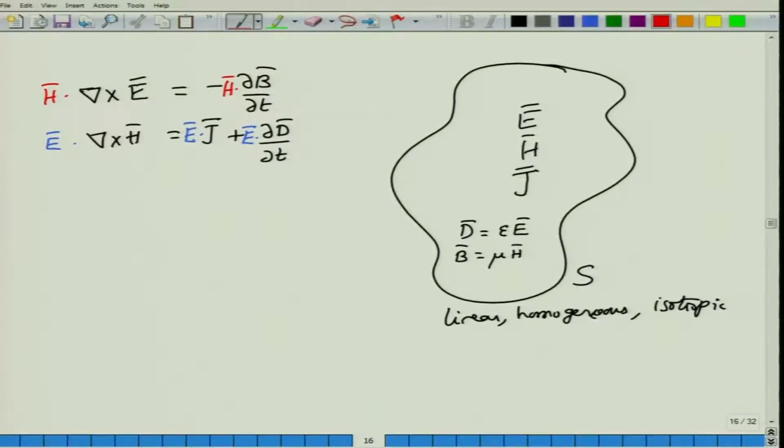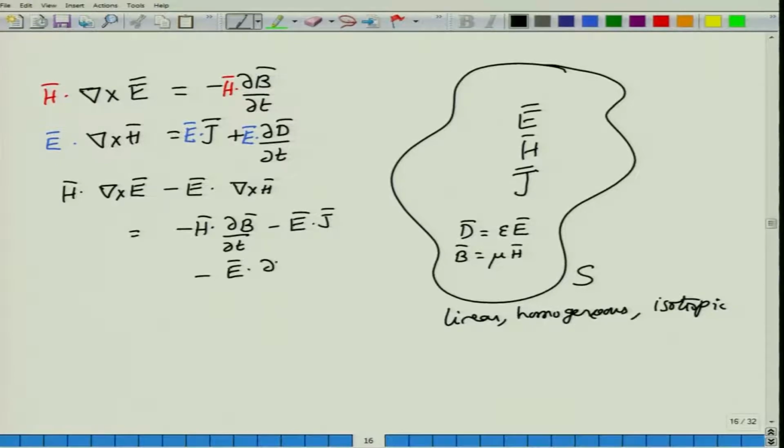I subtract the second equation from the first equation and therefore, I obtain H dot del cross E minus E dot del cross H to be equal to minus H dot del B by del T minus E dot J, and then I have minus E dot del D by del T.